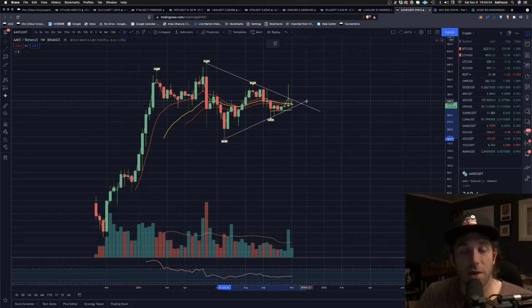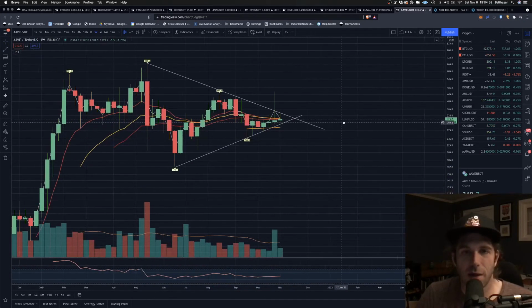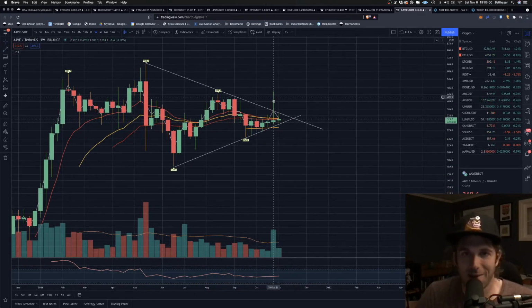It is getting rather tight. With the exception of this freak candle that popped up to 450, we're bouncing around in a tighter and tighter range. And at some point, it will get too tight and will break out one way or the other. So when I see these sideways trades, I'm waiting to see which direction we're going to go.